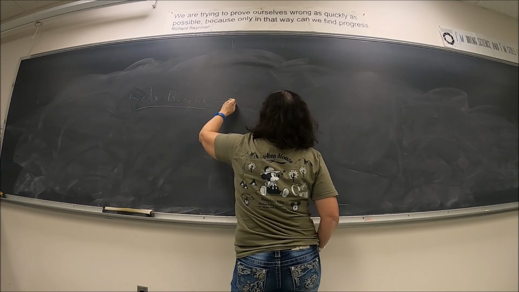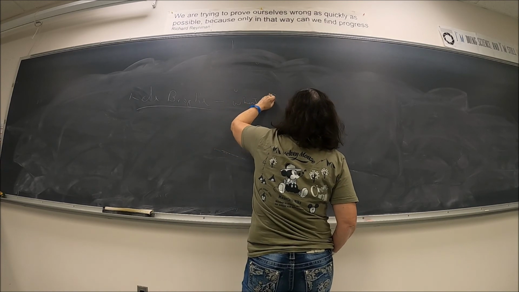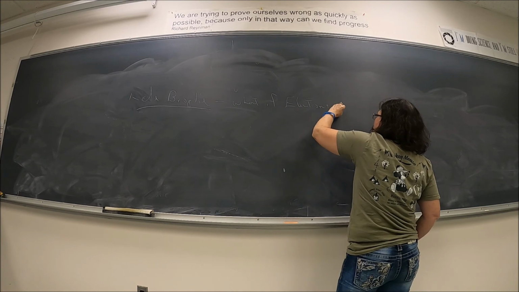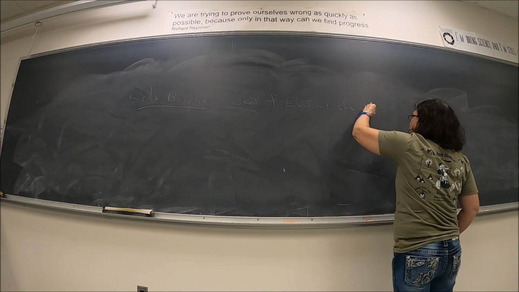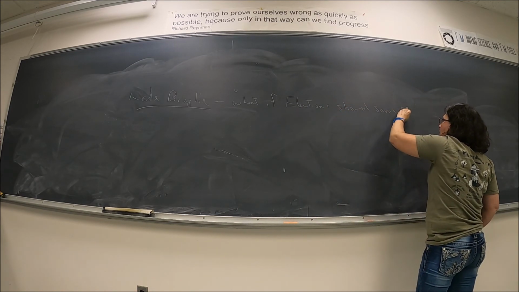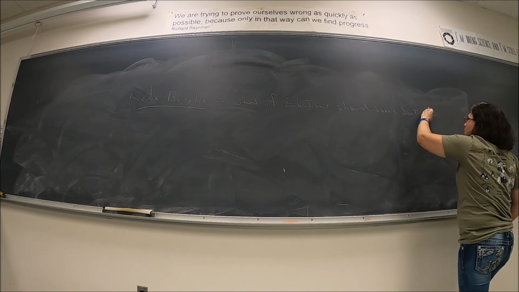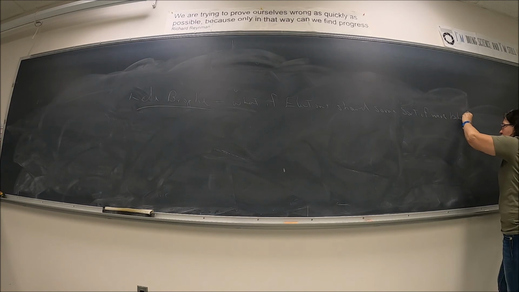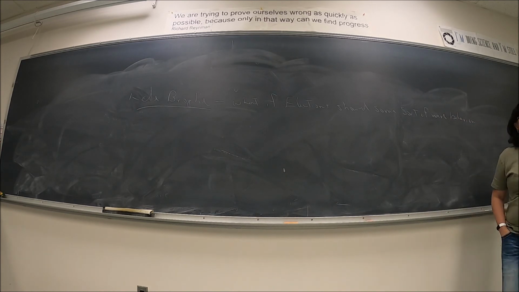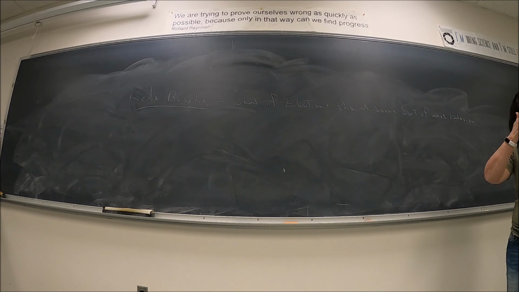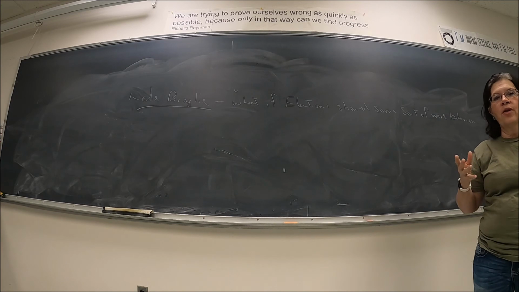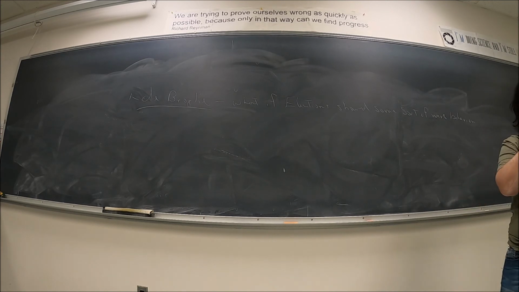De Broglie said, what if electrons showed some sort of wave behavior? Now, de Broglie was thinking about standing waves. It's a system in nature where there are only certain allowable states.